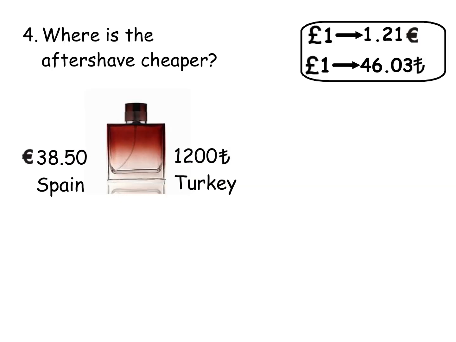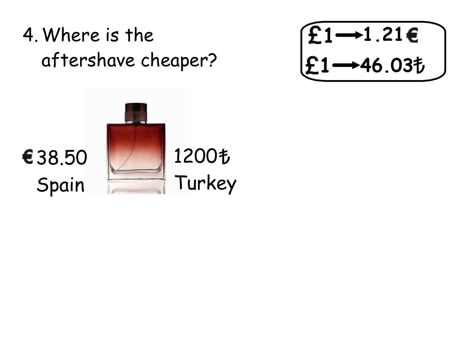I like to do these ones, then I split the class in half. And I say I've got the price of 2 perfumes. I'll be realistic, the perfume is generally always slightly cheaper at the airport of the foreign country than it is at the airport of our country. However, I've seen this same perfume in Spain and Turkey, and I want to know which is cheaper.